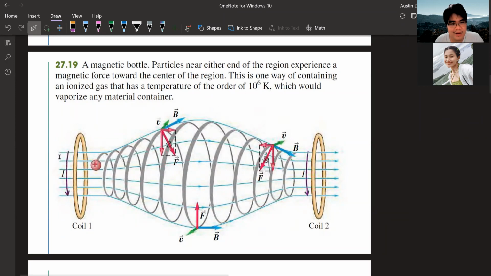Ayan. So meron kang magnetic field coming from the coils, current coils. Like that. So non-uniform magnetic field dito. So makita nyo naman na non-uniform siya kasi lumalaki dito. Tumataba dito sa gitna.